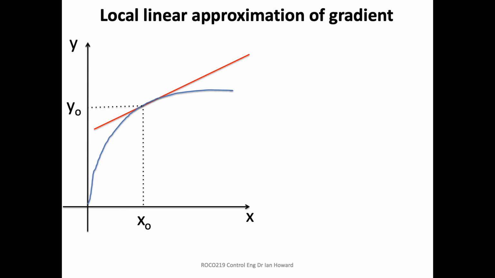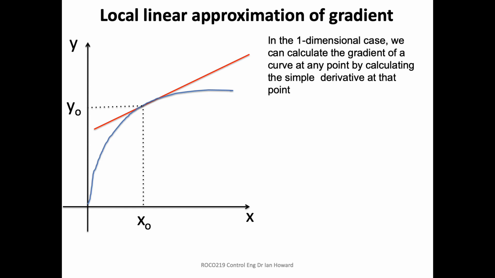We can think about this a little more graphically as well. Let's look at this blue nonlinear curve, and what we're trying to do is approximate it with a linear curve, right? We look at point x0, y0, and we approximate the curve at that point by a gradient, effectively a linear straight line at that point.